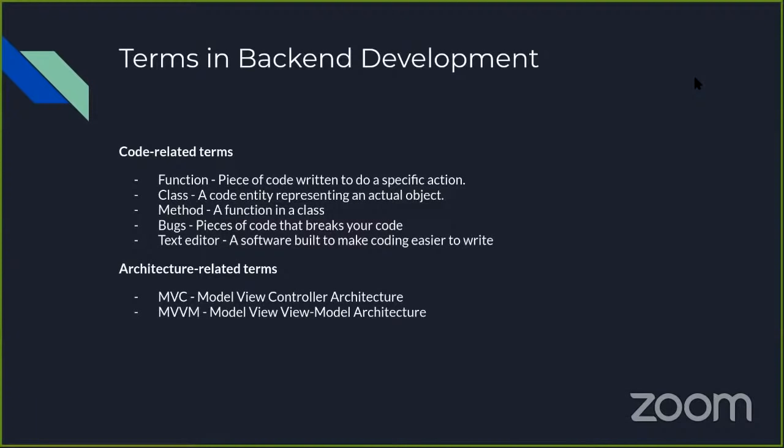Then you have architectural related terms: MVC, model view controller architecture, and MVM, which is known as model view model architecture. So these are terms related to how your project itself is set up.